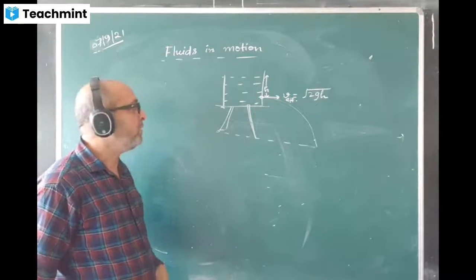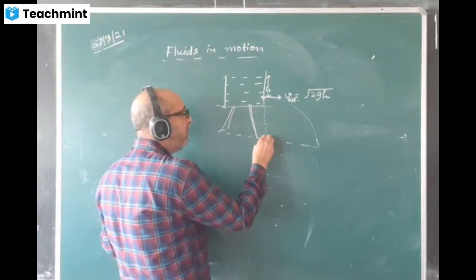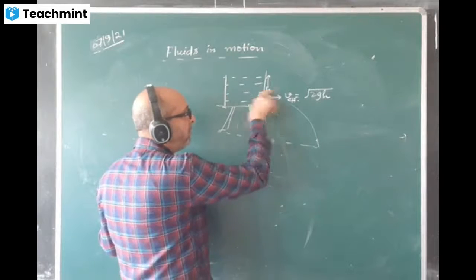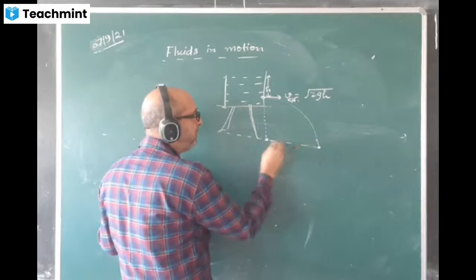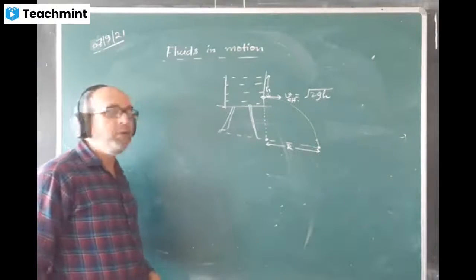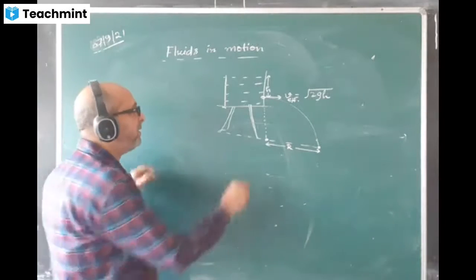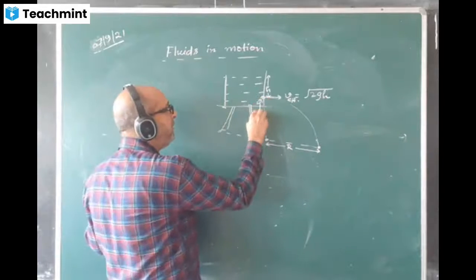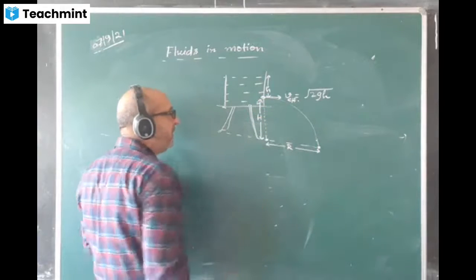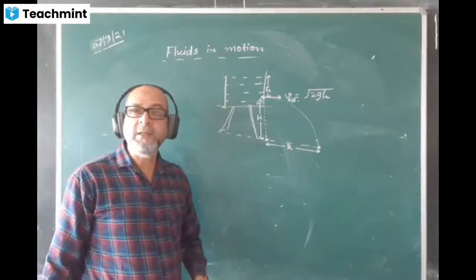But if the question asks at what distance the liquid will strike the ground, how do we find the value of this distance? For finding this distance, we'll take this height to be capital H. This is like projectile motion, kinematics in two dimensions.